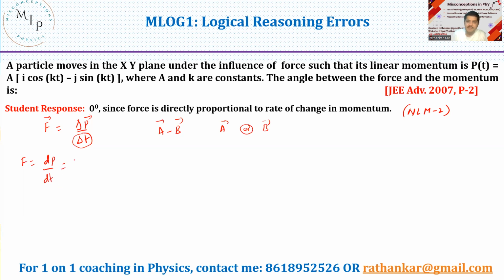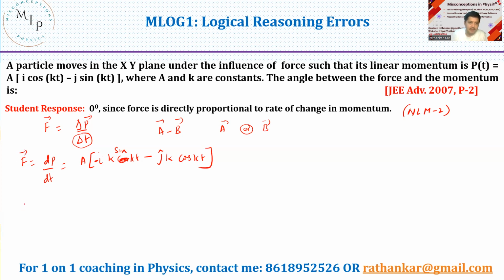So I differentiate to get an answer. dP by dt will be equal to A into I cap into the differential of cos kt, which is minus K sin kt, so minus Ik sin kt, and here minus Jk cos kt. So we got the value for F.